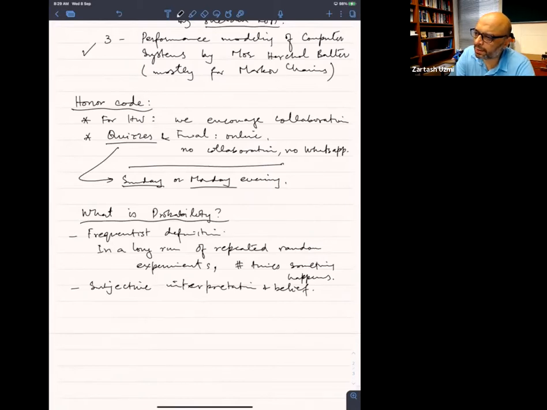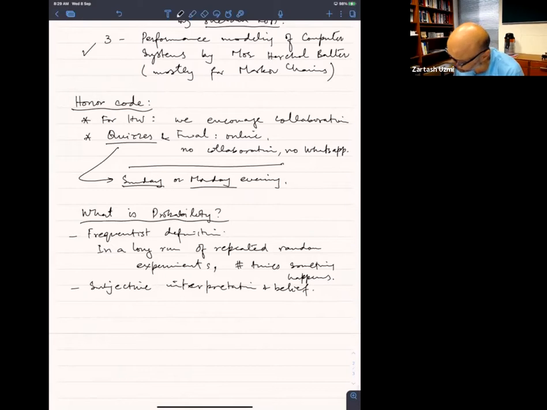Iski kya probability? This is not an experiment that you can repeat. Or for example, which team will win the next cricket World Cup or football World Cup? Kaun ye jeetega? This is also not an experiment that you can repeat. Because next World Cup जो है वो बस एक ही होने वाला है 2022 वाला, you know, if it happens.